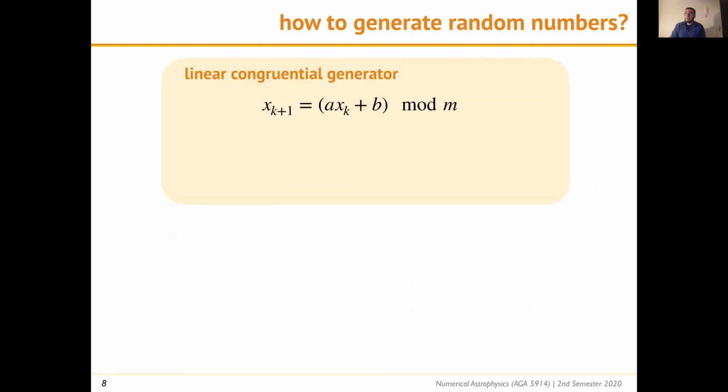Nowadays, we can use algorithms like this linear congruential generator. The idea is that we have a multiplier, A, which multiplies something called x_k, and then we have an increment and a modulus.